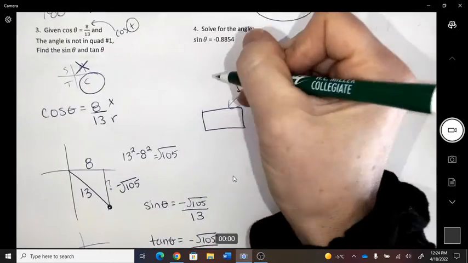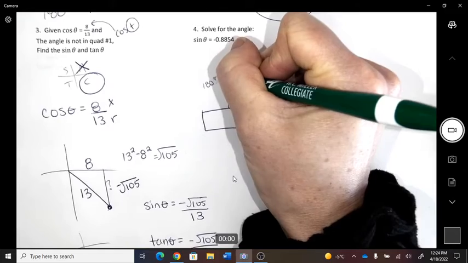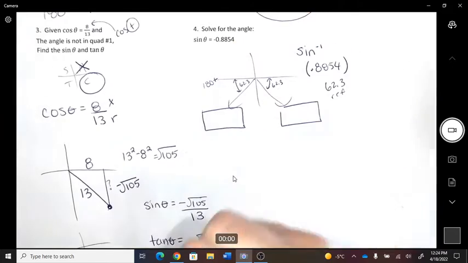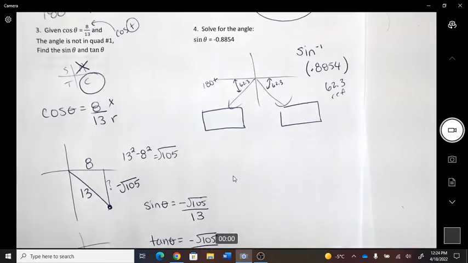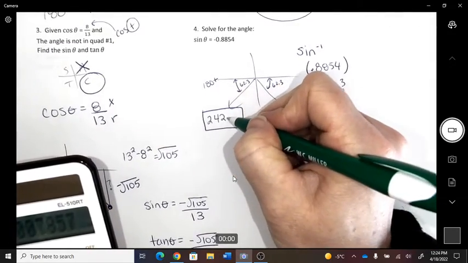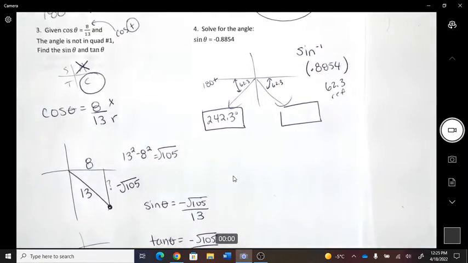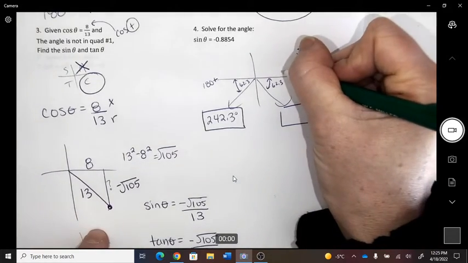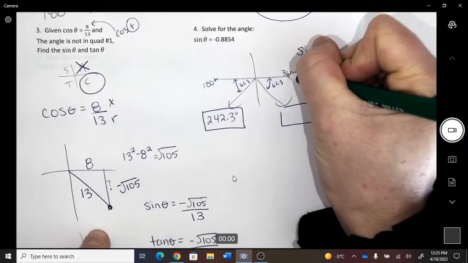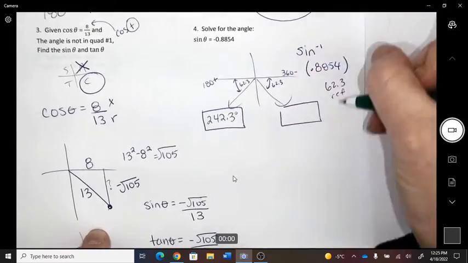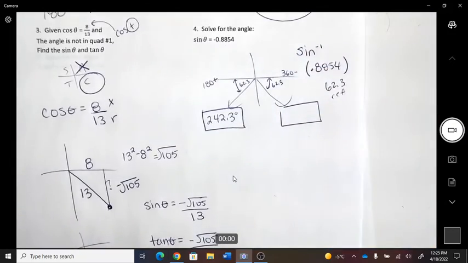Okay, so this one, I think I'm going to do 180 plus that distance. Does that make sense with where we are? And with this one, I'm going to do 360 subtract that distance.